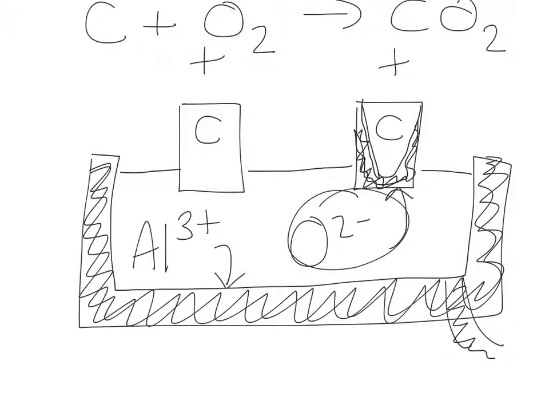This will then mean that these electrodes need replacing. Again, this is a favourite exam question where they ask you why the carbon electrodes need replacing. The reason is because the oxygen gas reacts with the carbon electrodes to produce carbon dioxide, so they wear away over time.